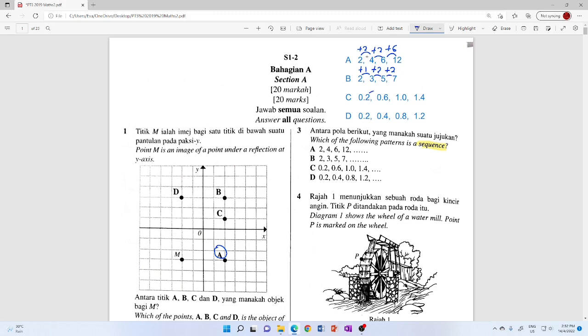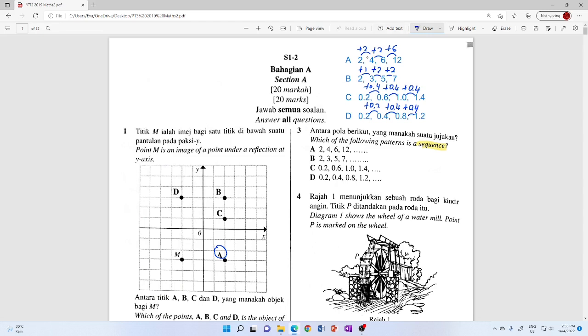For C, 0.2 to 0.6, you have the plus 0.4, and this also plus 0.4 and plus 0.4. For D, 0.2 to 0.4 plus 0.2 and plus 0.4. This is a plus 0.4.